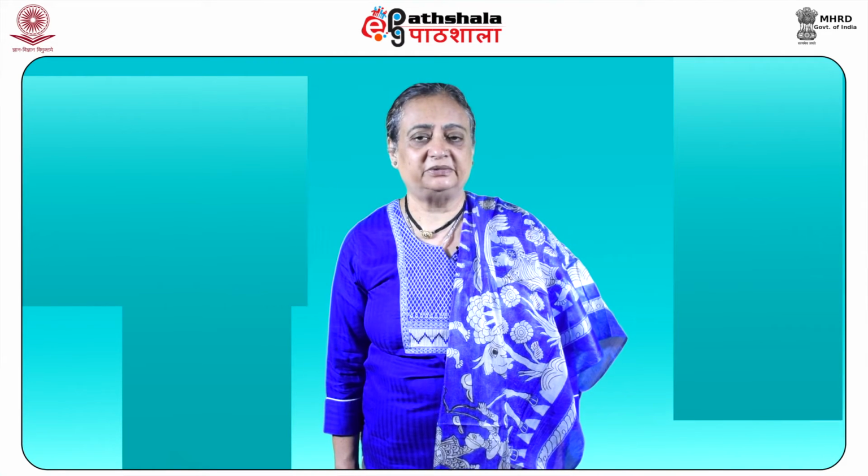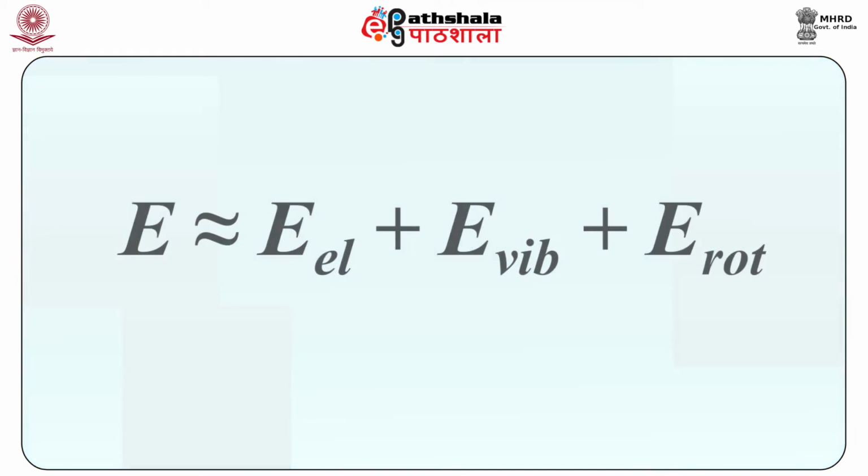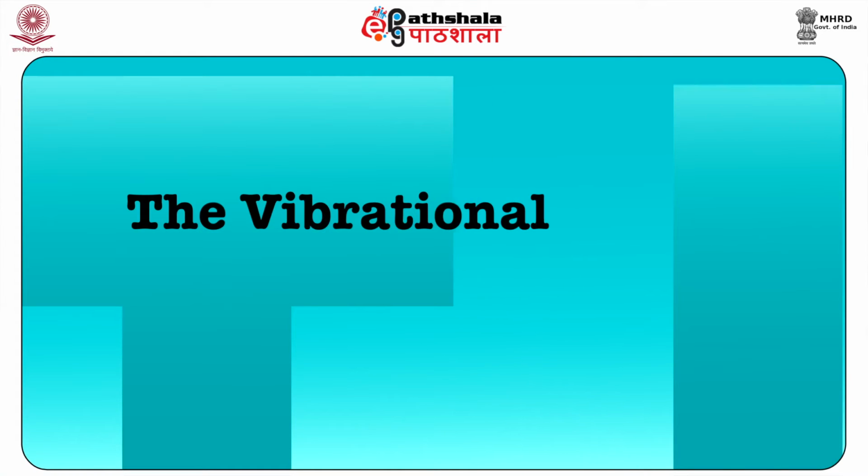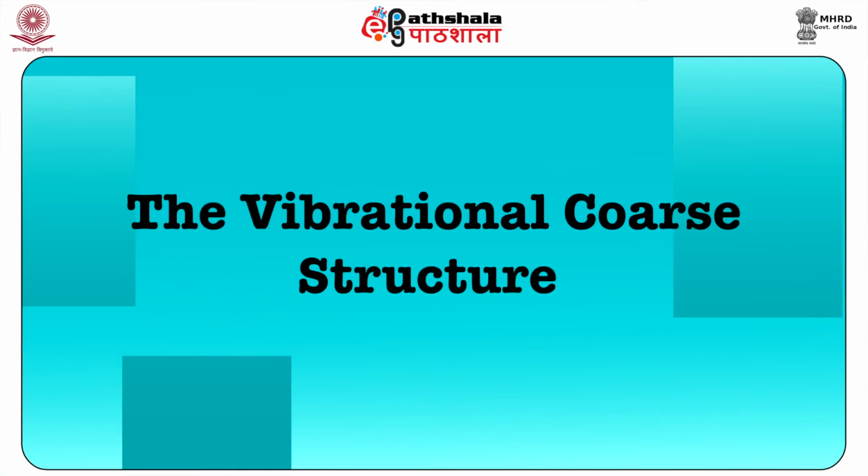This is essentially the Born-Oppenheimer approximation, which allows us to write the total energy as a sum of the individual energies. That is, we can ignore any interactions between them. Thus, we may write E, the total energy, is equal to the electronic energy plus the vibrational energy plus the rotational energy. First, discuss the vibrational core structure.